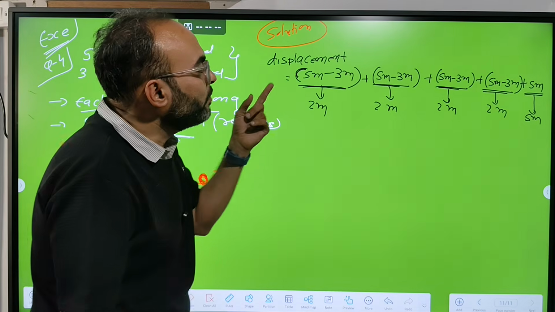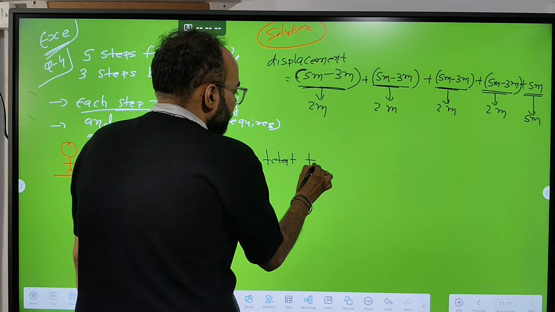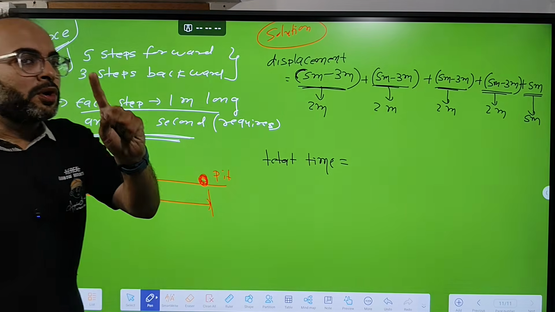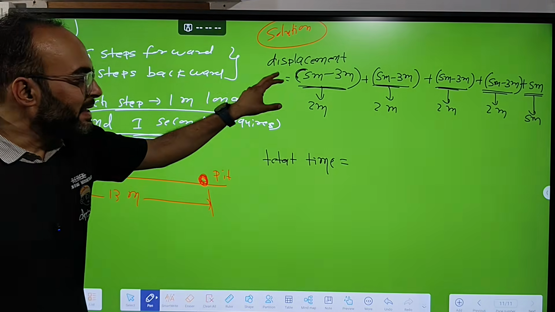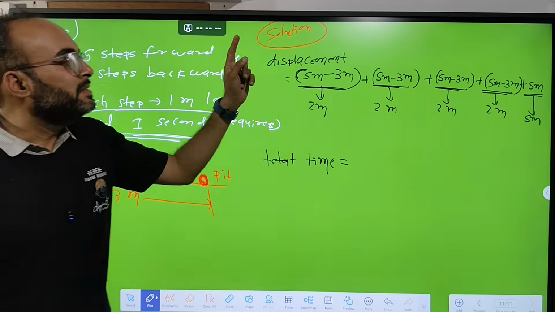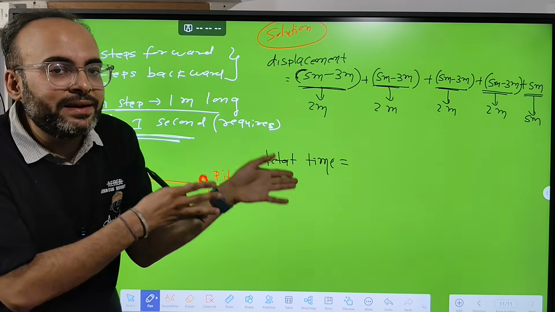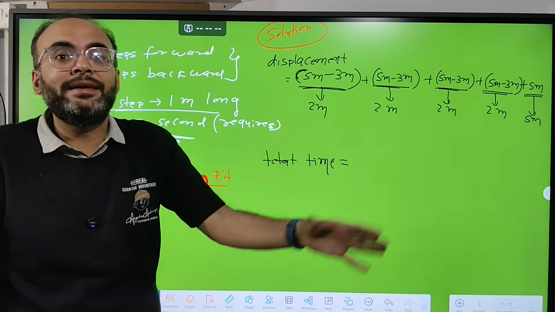चलो, सो नाउ वी वांट टू फाइंड टाइम टेकन. टाइम टोटल है 5 स्टेप फॉरवर्ड, each step requires 1 second, so 5 steps forward means 5 seconds, 3 steps backward means 3 seconds. सी स्टूडेंट्स, टाइम में माइनस नहीं करना है, स्टूडेंट्स यहाँ पे गलती करते हैं, 5 सेकेंड - 3 सेकेंड, टाइम ऑलवेज एड.